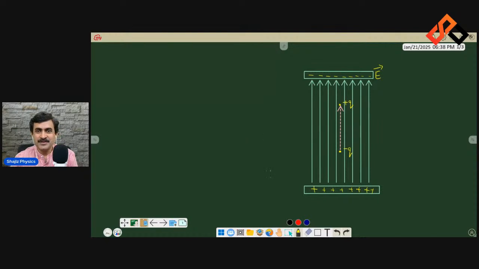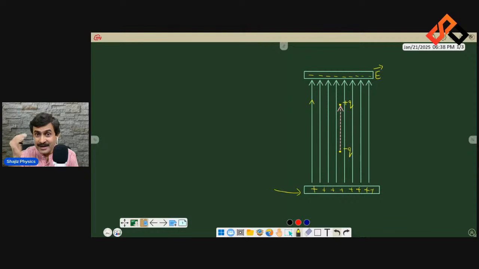as far as possible from the positive charge. See, where is the positive end of the electric field? This is the positive charge from where the electric field is getting generated, and it is acting towards the negative plate. So whenever the positive charge is remaining here, the repulsion by the positive plate will be the minimum or least.